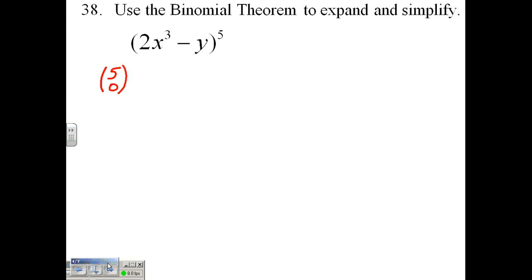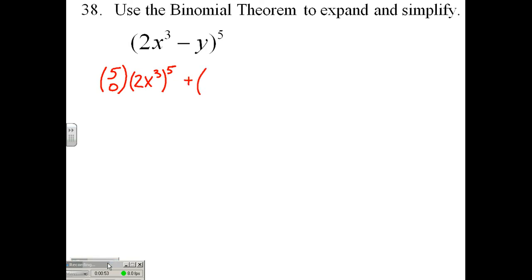Then we use our full allotment of 2x to the thirds. So I've got (2x to the third) all of that to the fifth, but I don't need to use any y's here. My next factor in this term would be negative y to the 0th. So I just move on down the line.